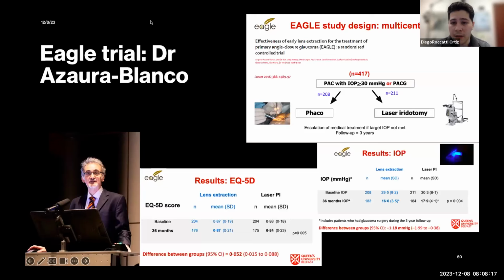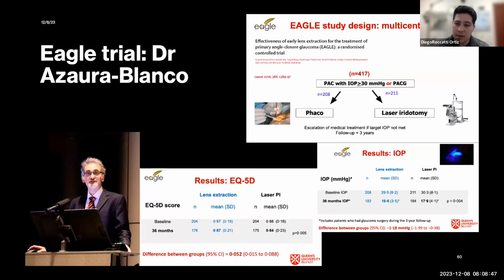And they evaluated a few parameters. First of all, they evaluated quality of life, which is down here, the EQ-5D score. And they discovered that when doing lens extraction, at 36 months, the quality of life was at least the same for the patients. And when we compared to laser PI, the quality of life did decrease by a bit.